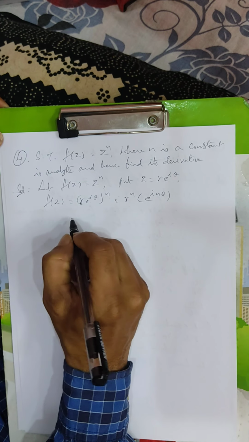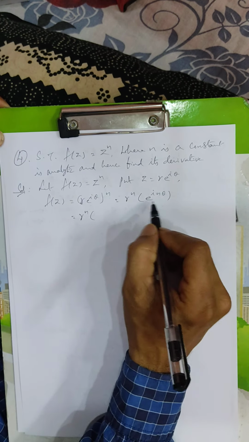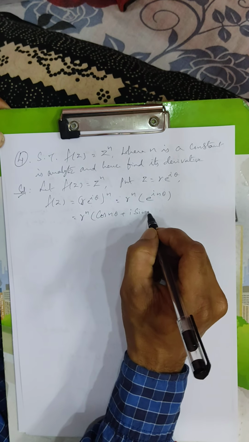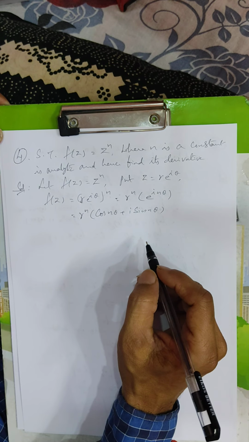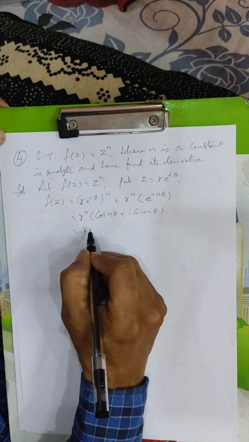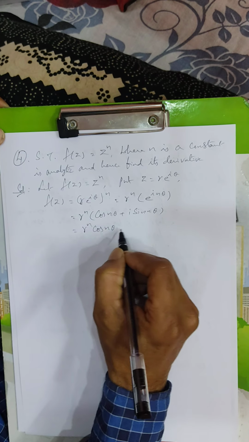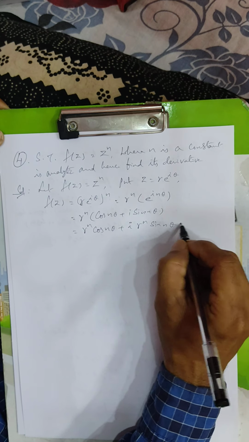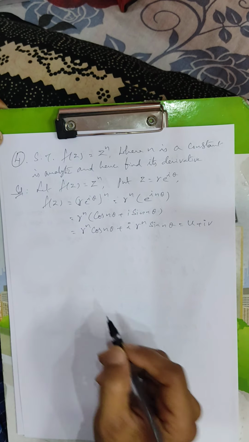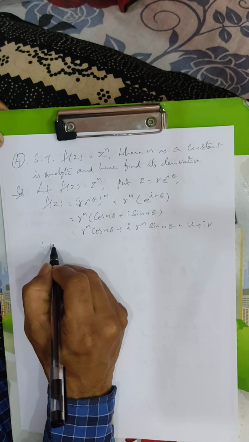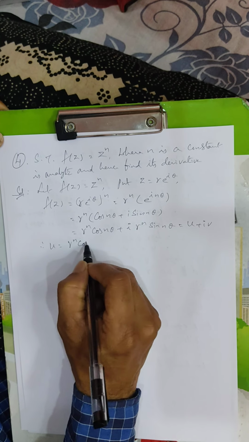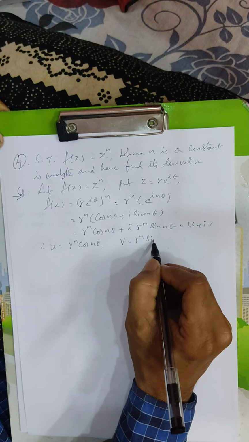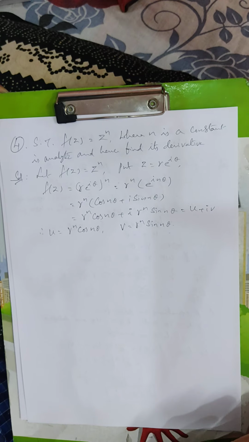E power i n theta is cos n theta plus i sin n theta. So it can be written as r power n cos n theta plus i into r power n sin n theta, which is in the form u plus iv. Therefore, the real part u is equal to r power n cos n theta and the imaginary part v is equal to r power n sin n theta.